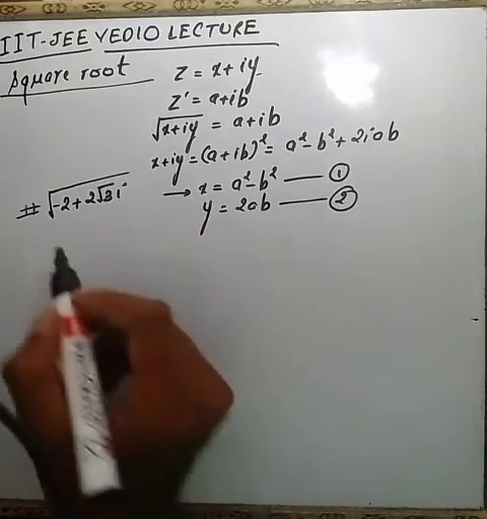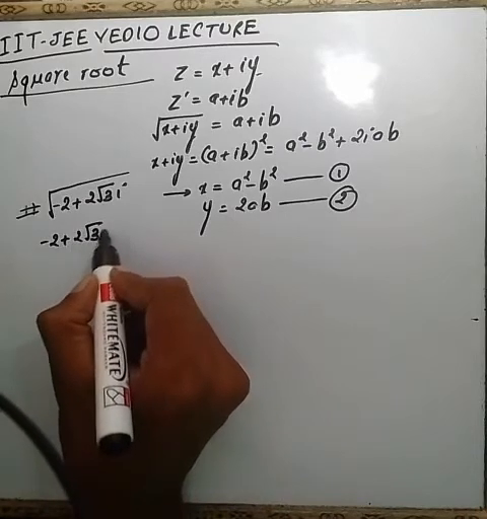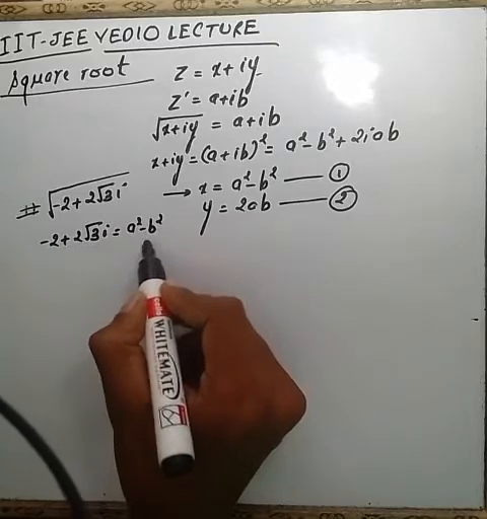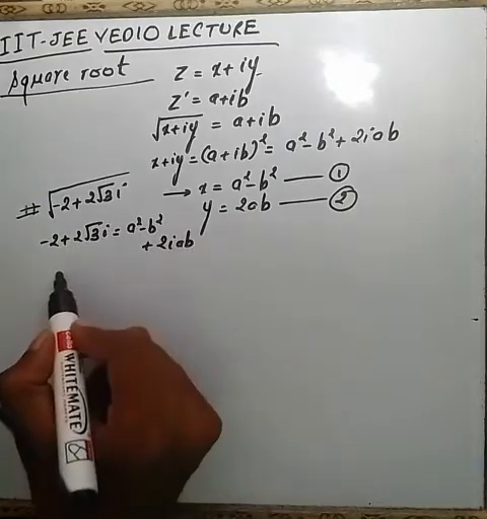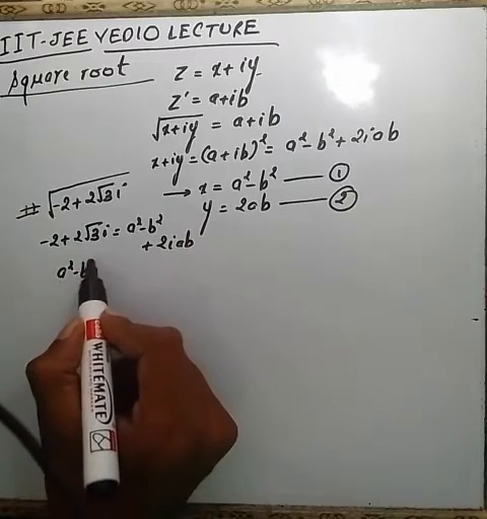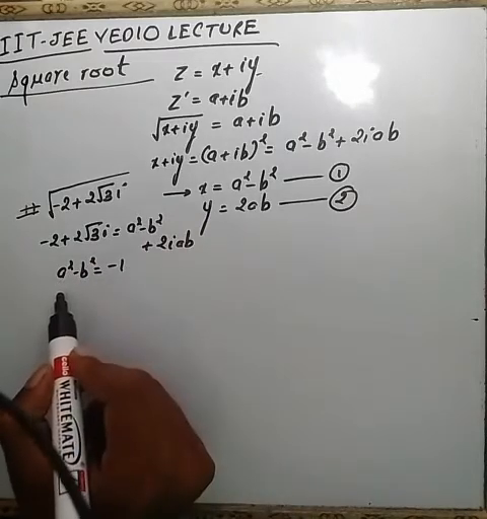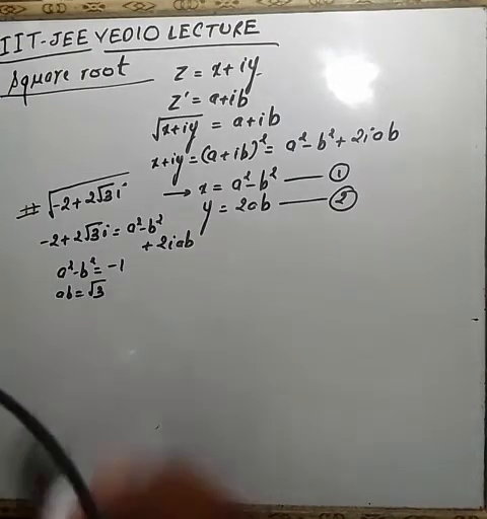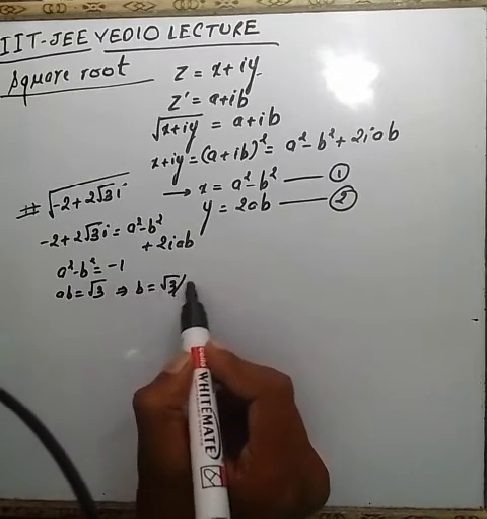So again apply: minus 2 plus 2 root 3 i equals a square minus b square plus 2iab. So a square minus b square equals minus 1 and ab equals root 3, b equals root 3 by a.